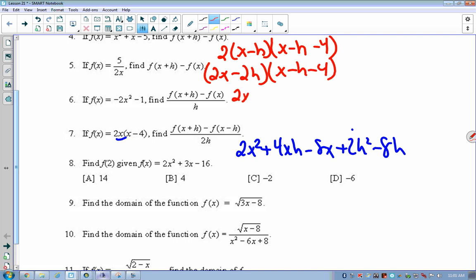So we've got 2x squared minus 2xh minus 8x minus 2xh positive 2h squared positive 8h. Right? Okay. Is this really complicated, or does it just look really complicated? Just looks. It's not really anything that we can't do.